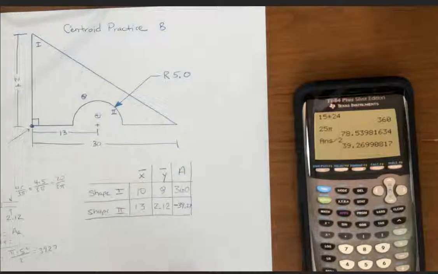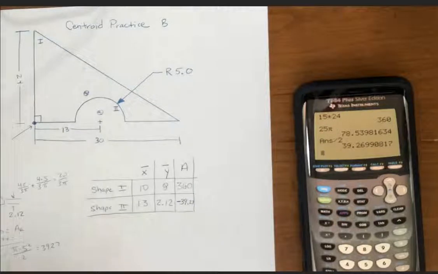Okay, the formulas that we're using, let's write the formula. The x bar, this is the centroid of the complex shape, is equivalent to the summation, so finding the sum of all the instances of this expression, and that is the centroid's x-coordinate times the area of the region. I think of i as standing for each instance, or in our case, each region or each shape.